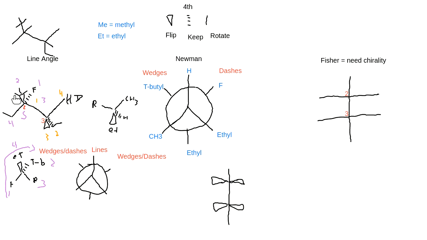But that doesn't mean our chirality is going to change depending on which direction you go, because either way you should still be getting S. So for example, let me just quickly do the other way. R, so dashes, wedge, and line. If I went counterclockwise, my fluorine would be right here, my tert-butyl would be right here, and my ethyl would be right here.